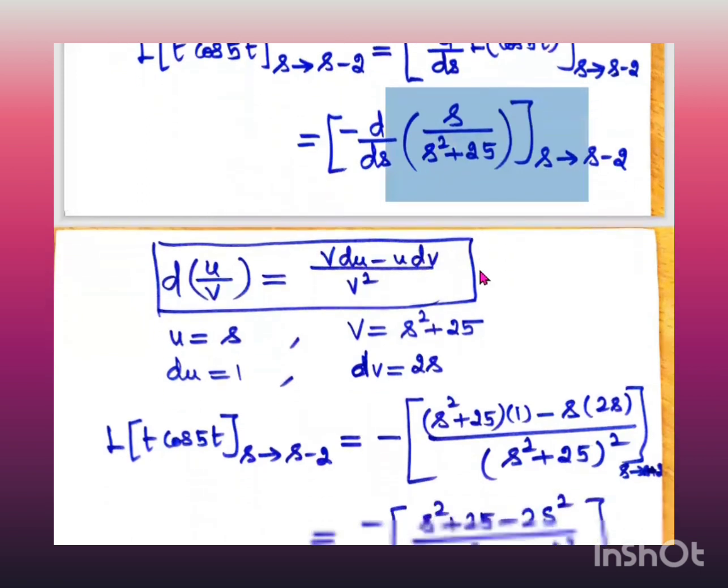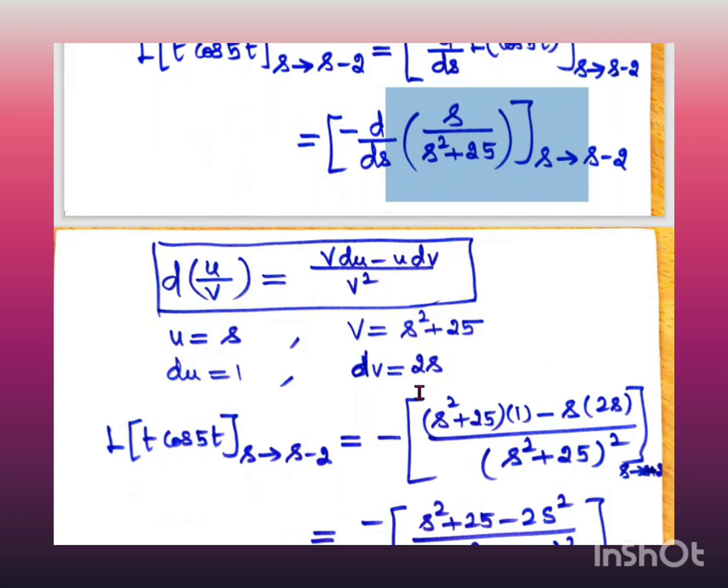Now again you have to use the d of u by v formula, (v du minus u dv) divided by v square. What is u? u is equal to s. What is v? s square plus 25. What is du? Differentiating u with respect to s, it will be 1. v is equal to s square plus 25, dv is 2s.